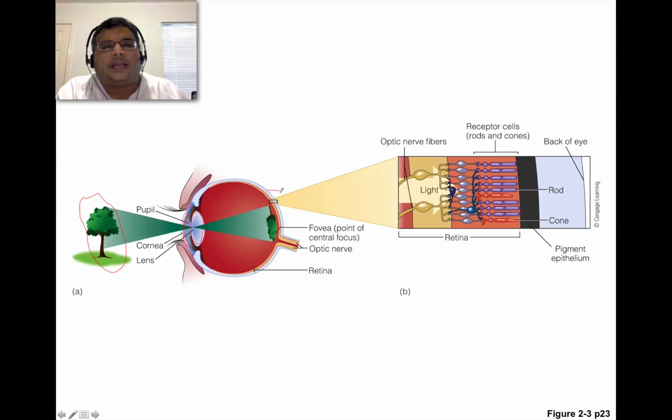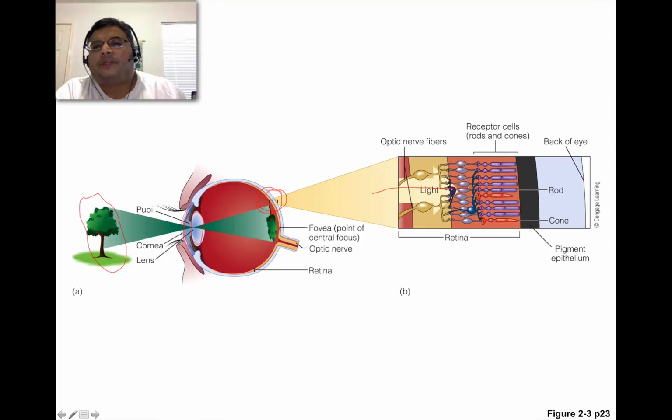If we take this tiny little part right here of the retina and blow it up, it looks kind of like this. This is a cartoon drawing. The light is traveling, and the light is trying to make its way to these rods and cones, these guys right here. Now notice it has to travel through all this junk. It has to travel through ganglion cells and bipolar cells.